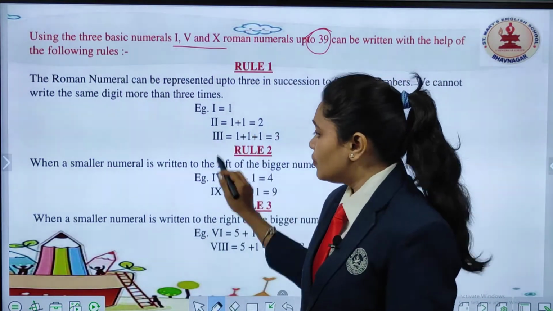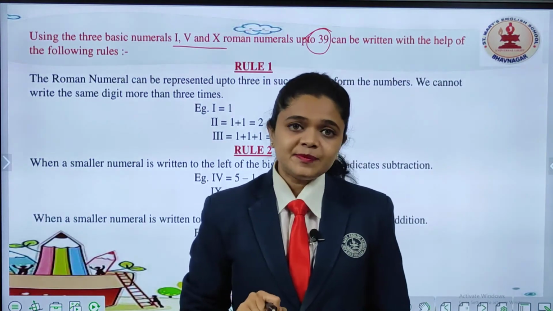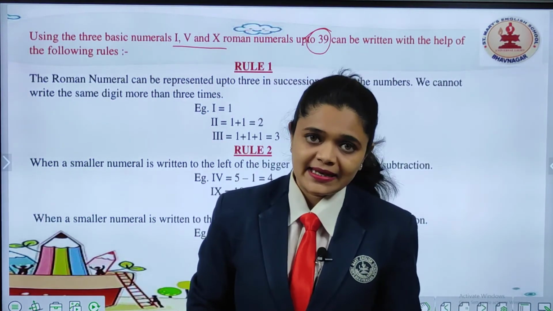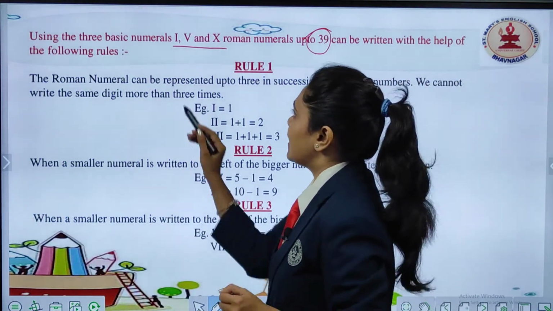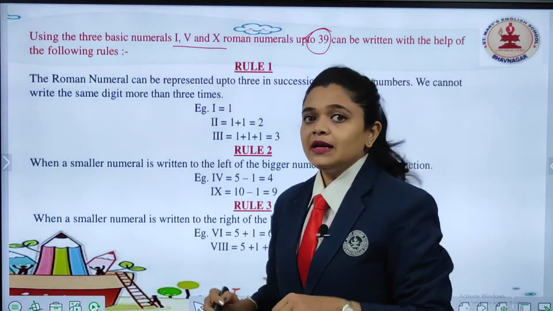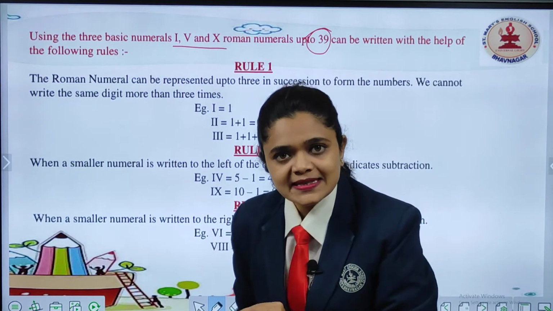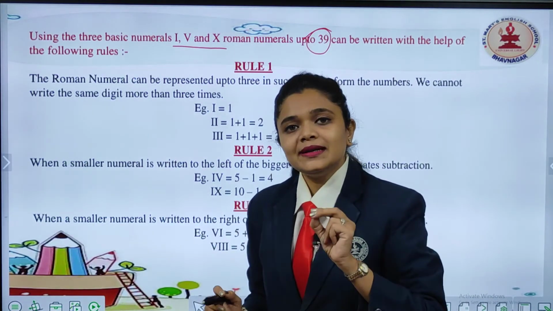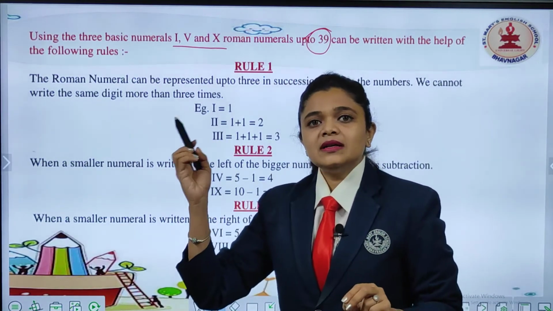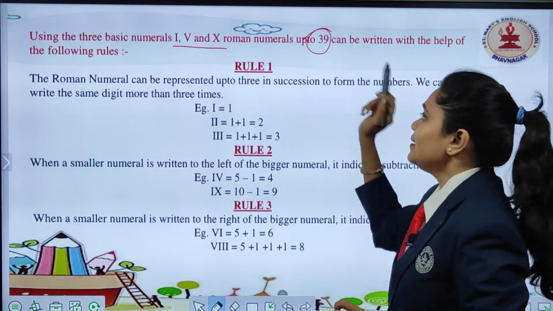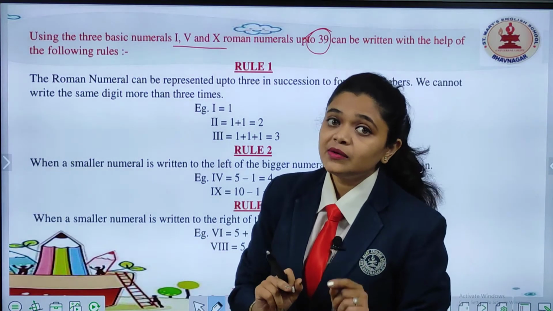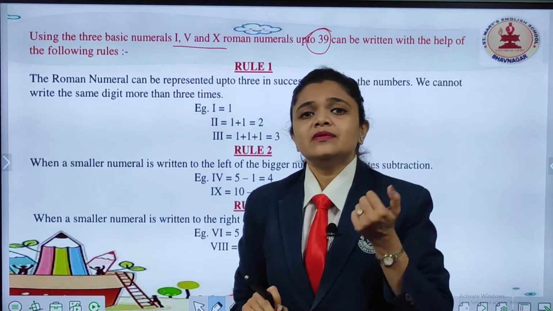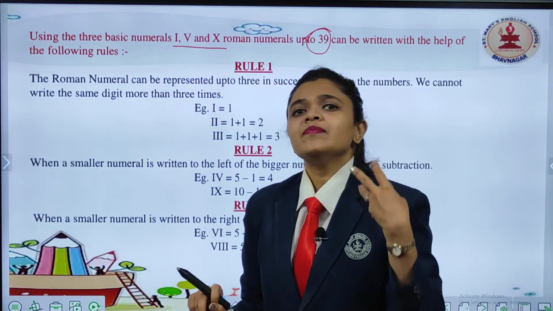That means the 3 basic letters I, V, X, using just these 3 basic letters, we can write the numbers from 1 to 39, by using some particular rules.